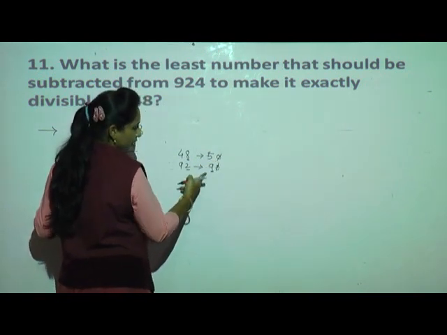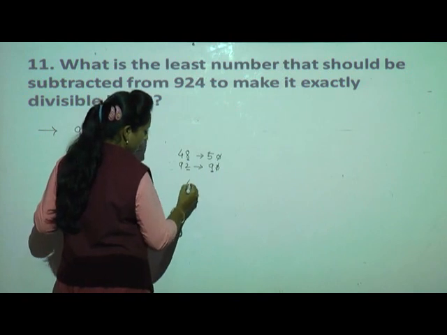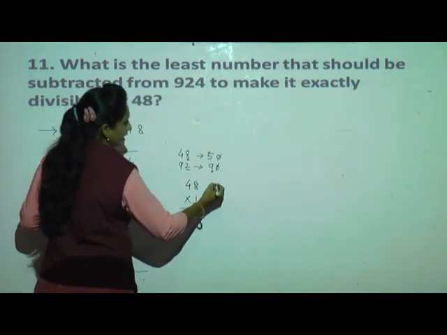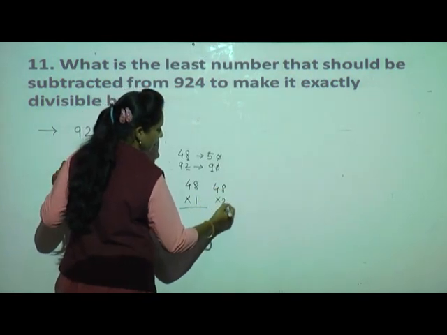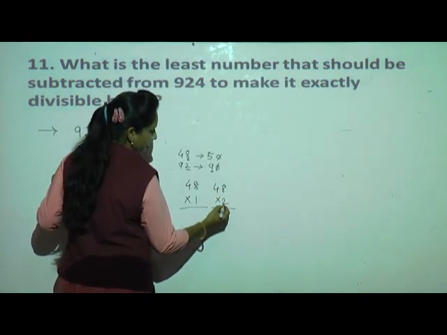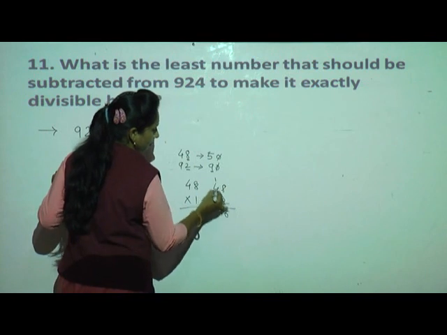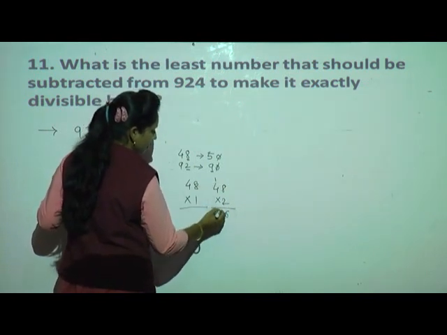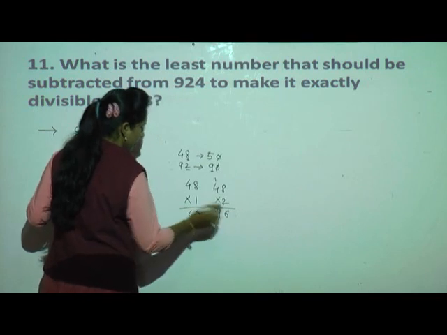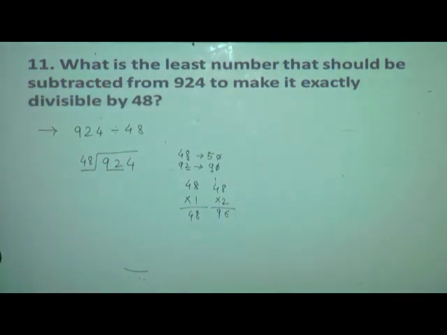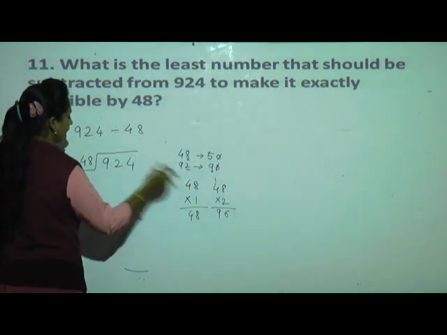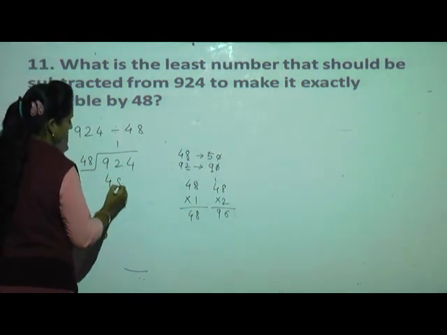See. 5 2s are 10 is not there, 9 is there, means we should go with estimate quotient 1 only. If we go with 2, what will happen? We will cross check. 8 2 8s are 16, 2 4s are, yes, 8, 8 plus 1 is 9, isn't it? We cannot subtract 96 from 92. So we should go with 48 1 quotient.